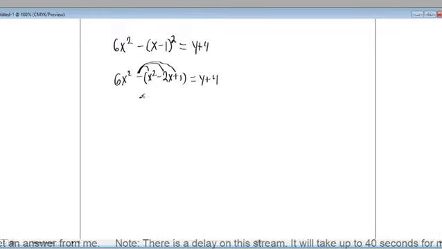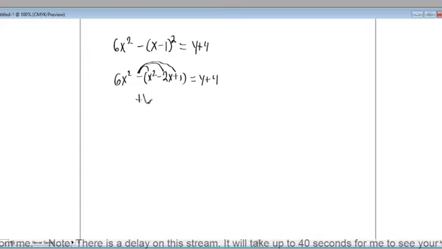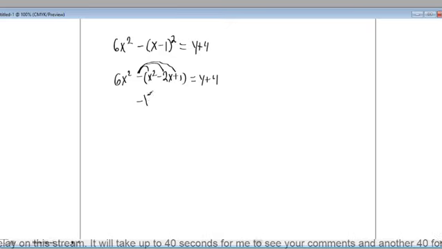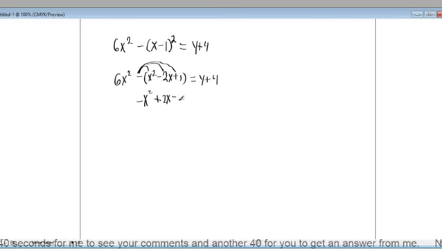So now we're going to have, sorry, minus x squared. It started out as positive. So negative x squared plus 2x minus 1, and then drop everything else down.